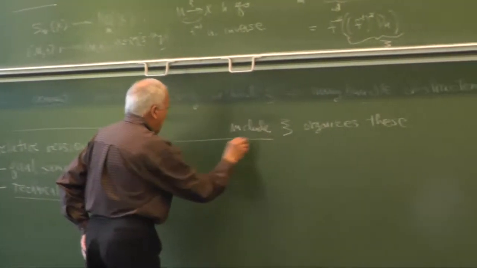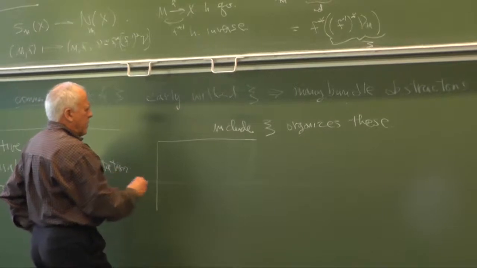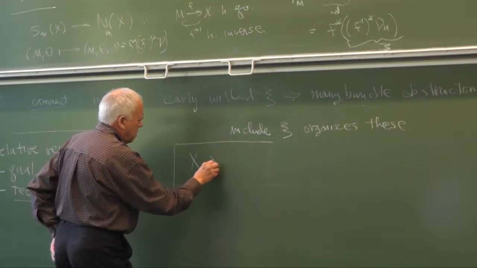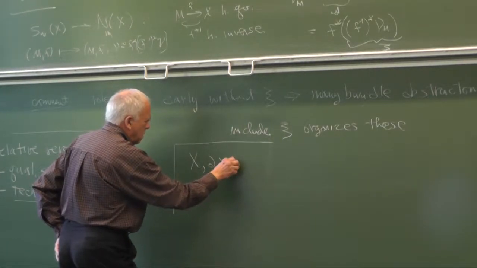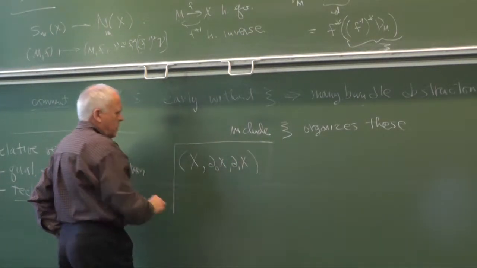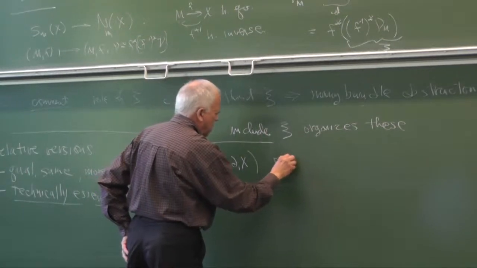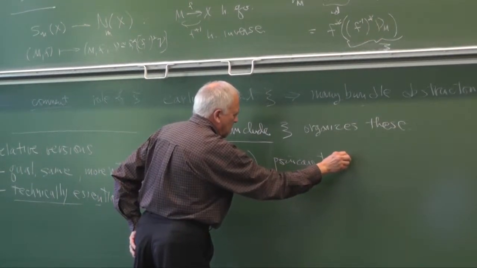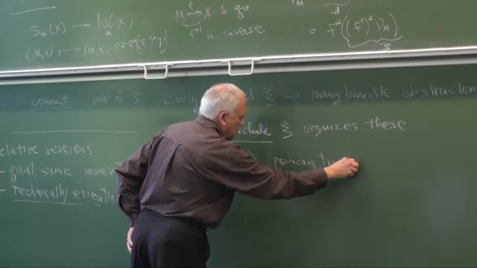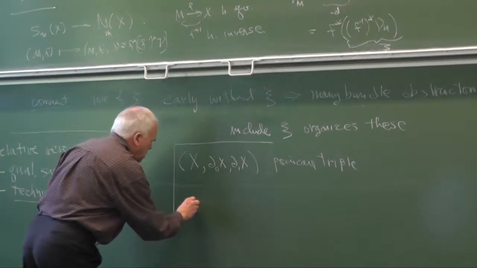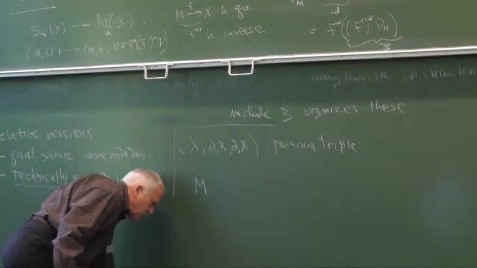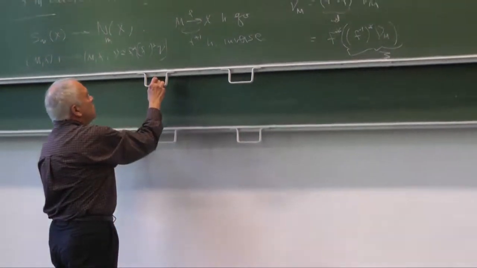Okay, so here's the context. X is going to be a Poincare triple. Maybe I should start with describing what a manifold triple is.